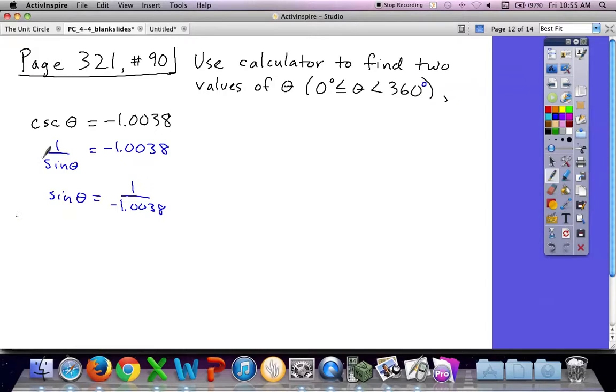Right, so I converted it to the function that I do have an inverse for, 1 over sine. And then I flipped both sides to get that. So now I've got sine theta equals, and what is 1 over negative 1.0038?